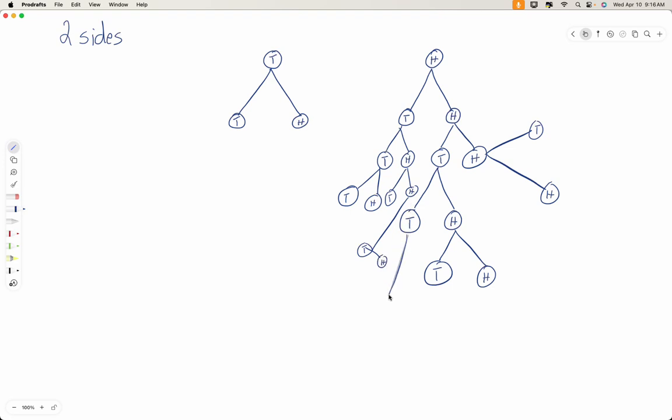All right, and this one would be tails, heads. This one would be tails, heads, tails, heads, tails, heads. All right, that's all of them.